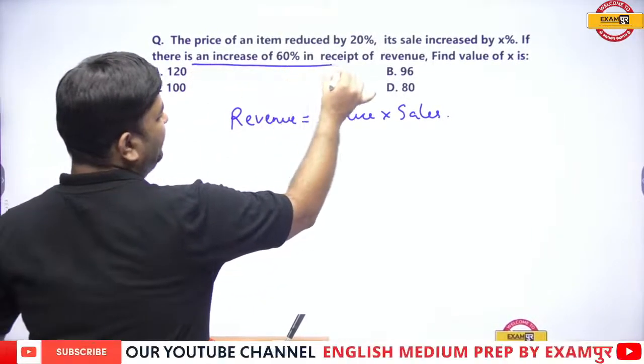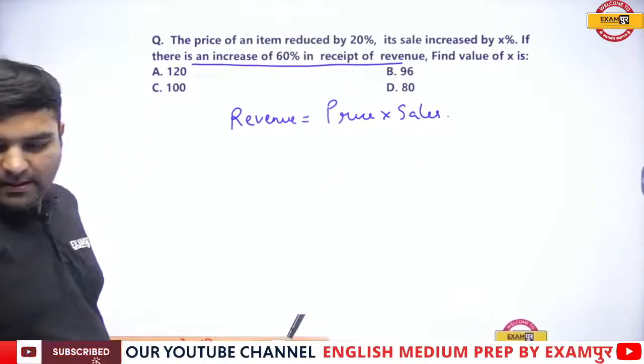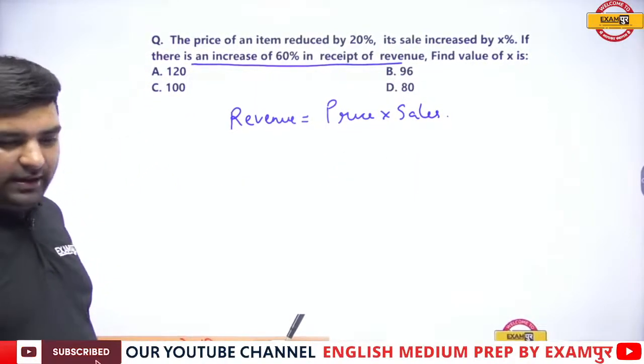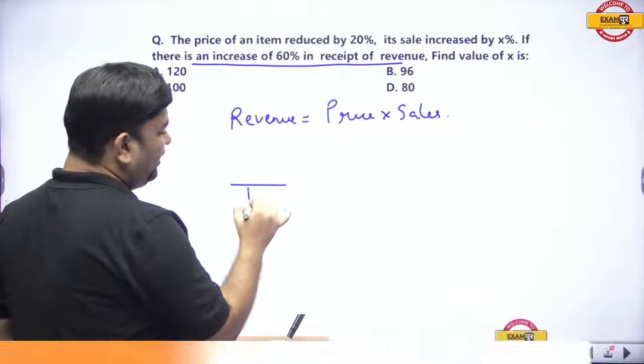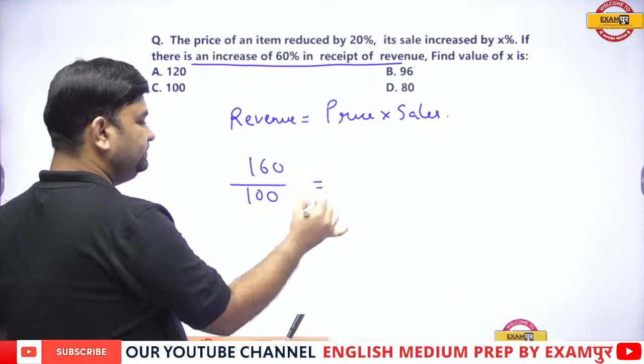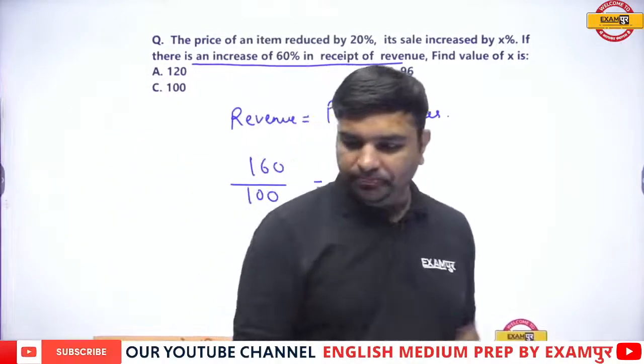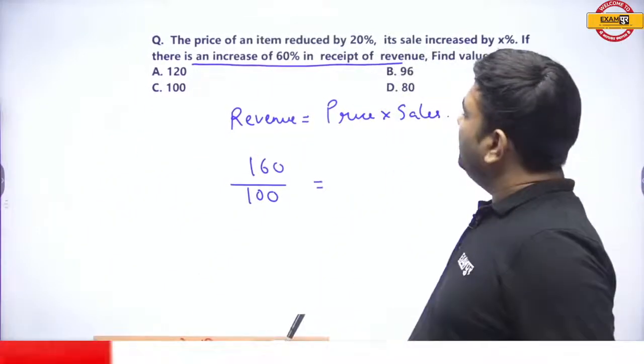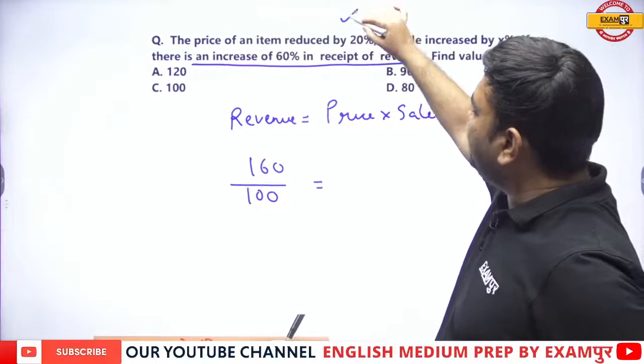60% rise in the revenue. From 100, it has become 160. 20% decrement in the price.